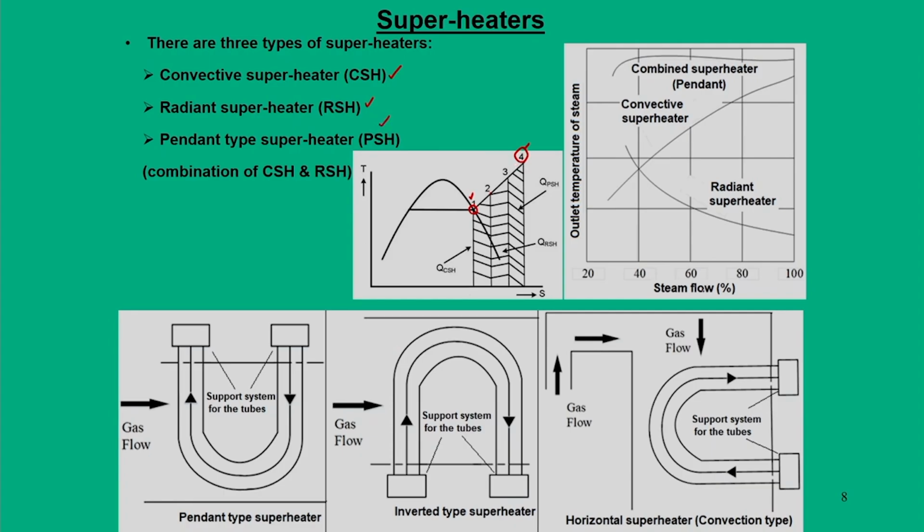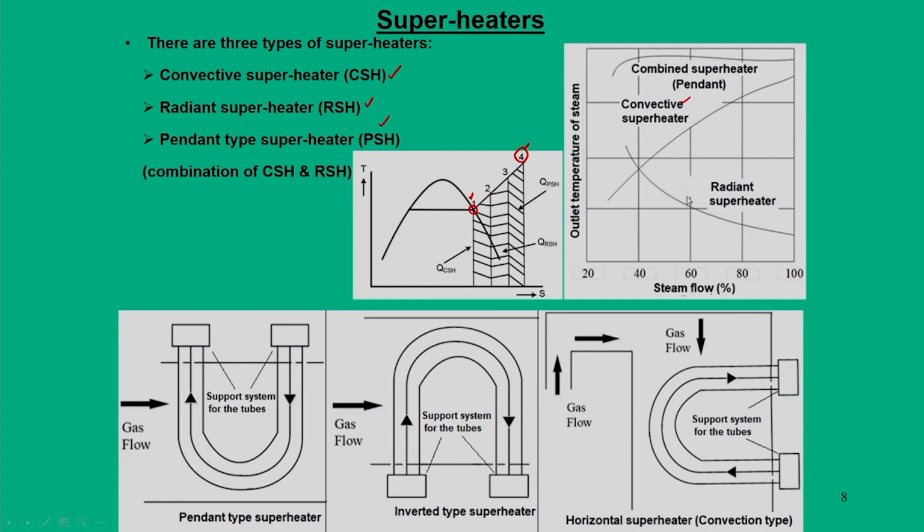One important thing while increasing the steam temperature is that, as the mass flow rate of the steam increases, for a convective superheater the outlet temperature characteristic curve is in an increasing trend.